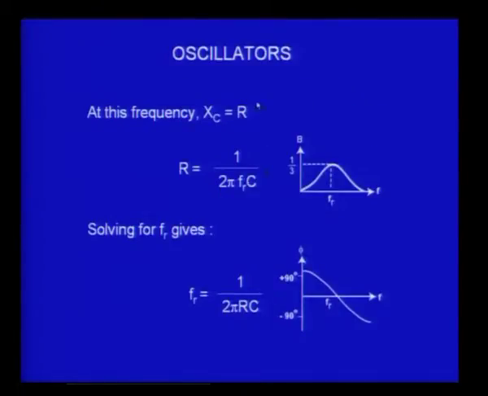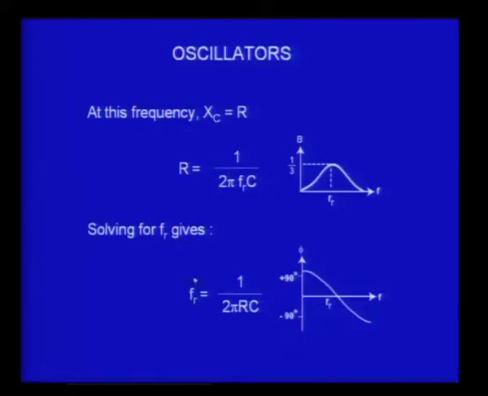What is important is when Xc becomes R, that corresponds to the condition R is equal to 1 by 2 pi fr C, where fr is the critical frequency. You would find you get a maximum of the fraction at that point, and that corresponds to 1 by 3; beta will become 1 by 3.